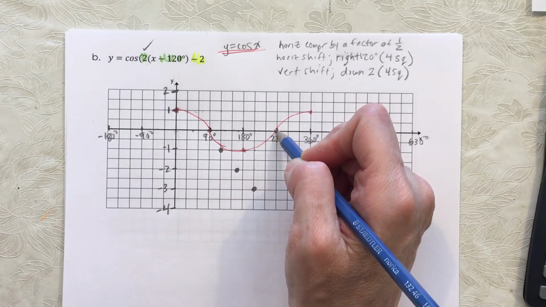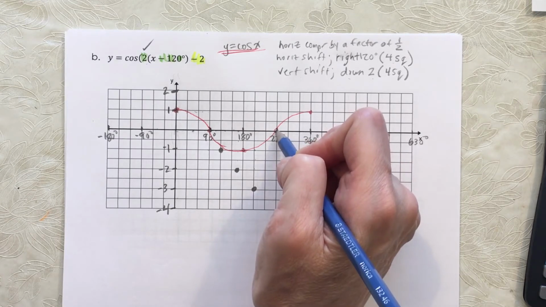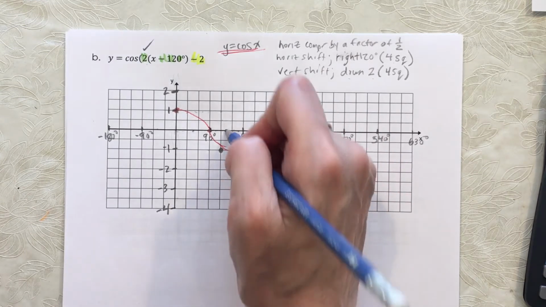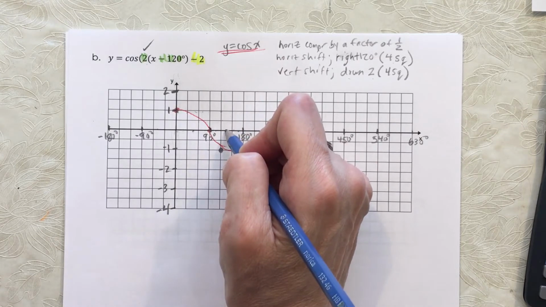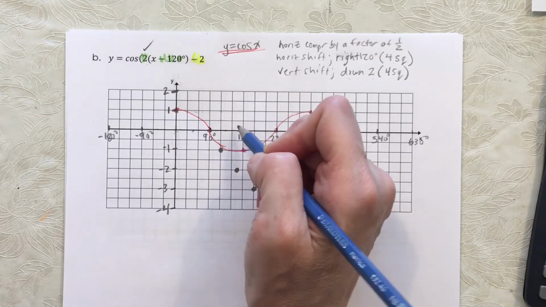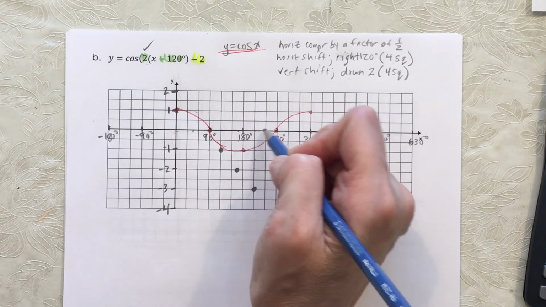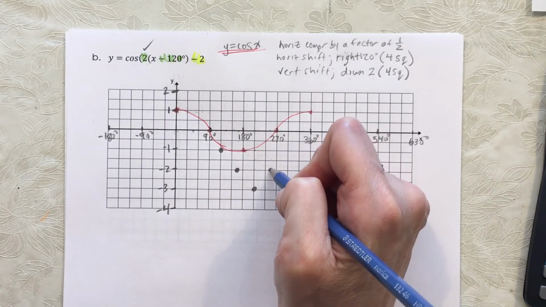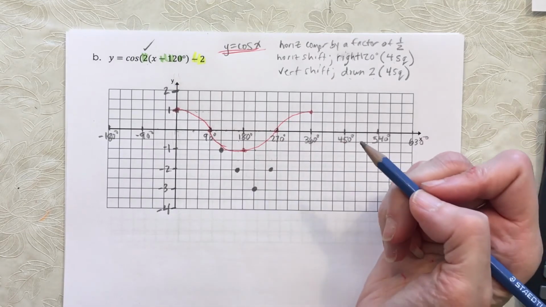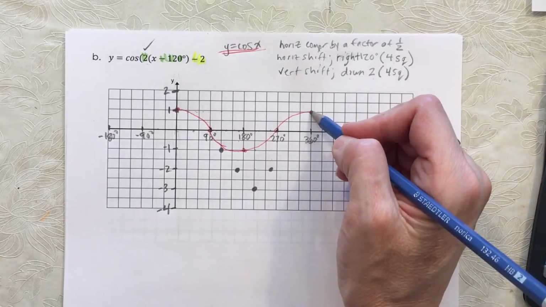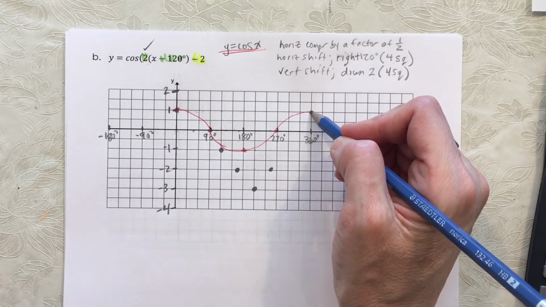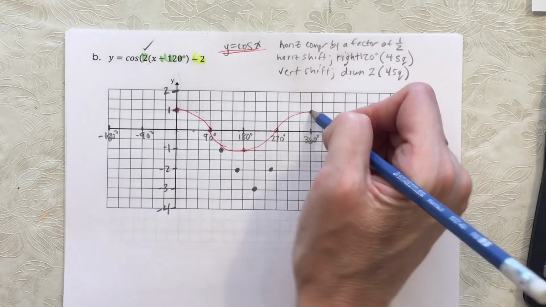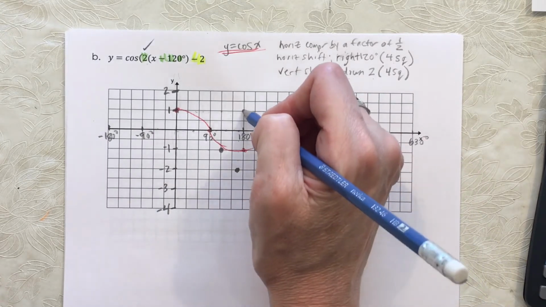So first we're going to half our distance to the y-axis, so that's 135, which is going to be right halfway between 90 and 180. And then move 4 squares to the right, 1, 2, 3, 4, and down 1, 2, 3, 4. And then our last important point, 360, we're going to half our distance to the y-axis, which puts us at 180.